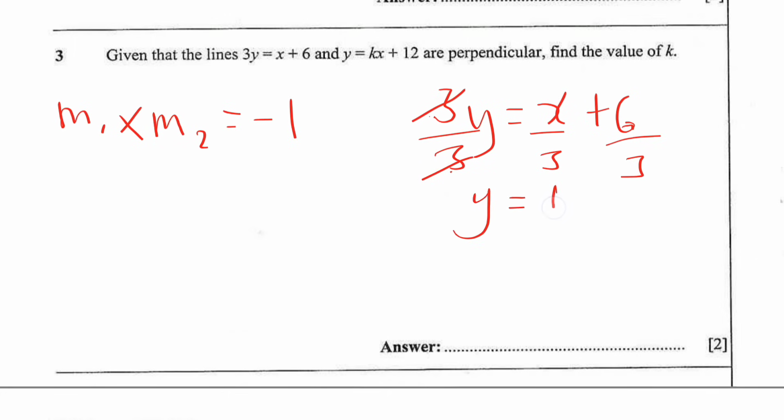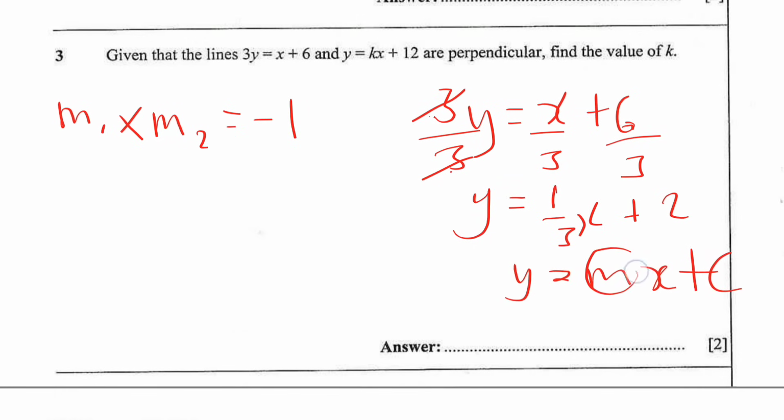So we have y equals 1 over 3 x plus 2, since 3 into 6 is 2. The original form is y equals mx plus c, so m is the gradient. So gradient 1 here is 1 over 3.